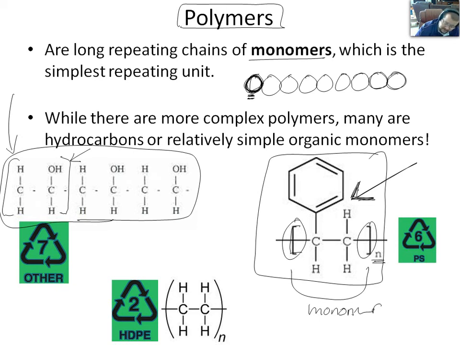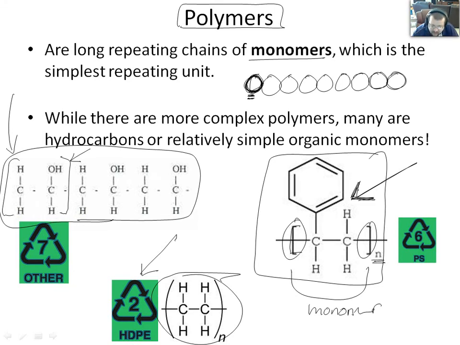Alright, and finally, we have polymer number 2 down here. It's listed as high density polyethylene, HDPE. This is a very, very common polymer to see in materials that we use every day. Now let's pick apart the name a bit. HDPE, the E is what I'm most interested in.